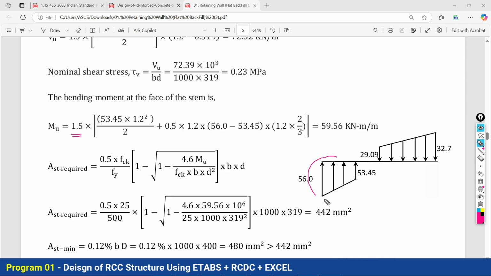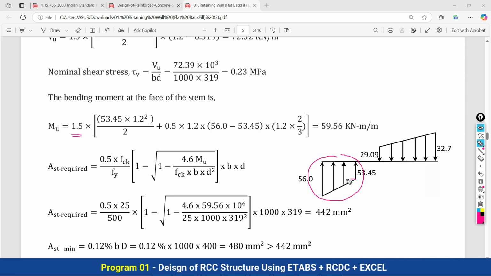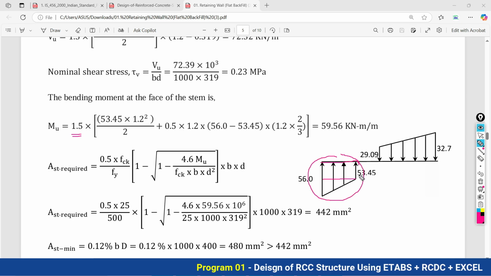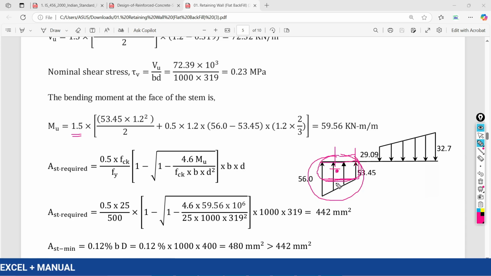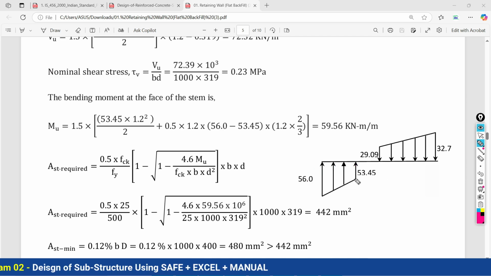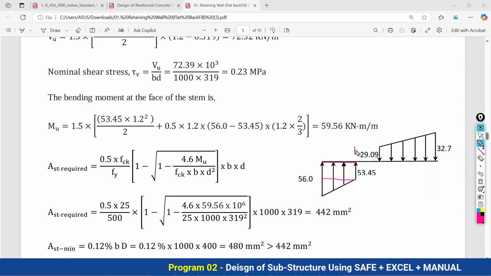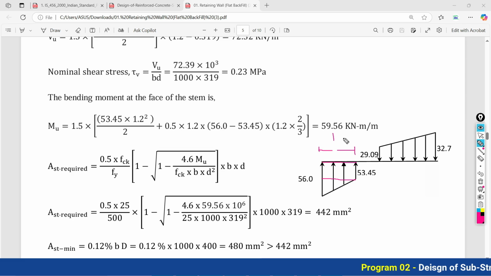Thereafter we have to calculate the moments. This area is going to be divided into two areas. One is the rectangular one and another one is the triangular one. For the rectangular one, we have to calculate the area, and that area is multiplied with the perpendicular distance to its areal centroid. So the simple calculation will be 53.45, the height, and the base, the width of the toe, is 1.2.